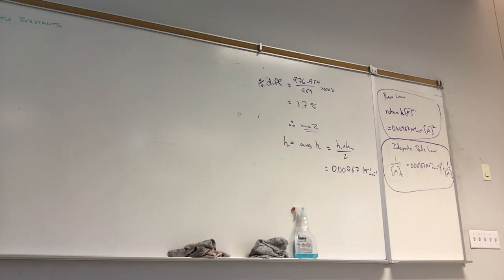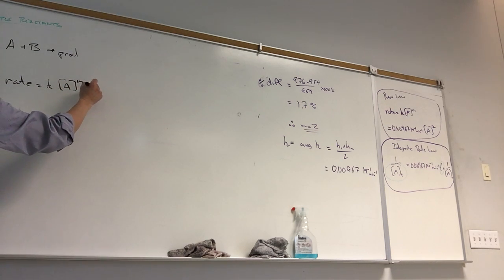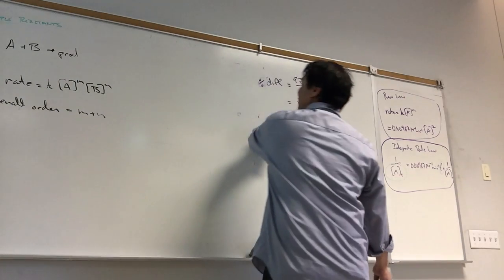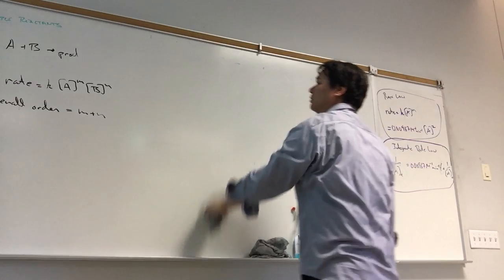And so it gets complicated. So when we have multiple reactants like this, let's say we have A plus B yields a product, then the rate that's observed is going to depend on both A and B. So this is going to be A to the M, B to the N. And so we're going to see the overall order of the reaction is equal to M plus N. Therefore, let's say we cut A in half and B in half, and the overall order was 3.